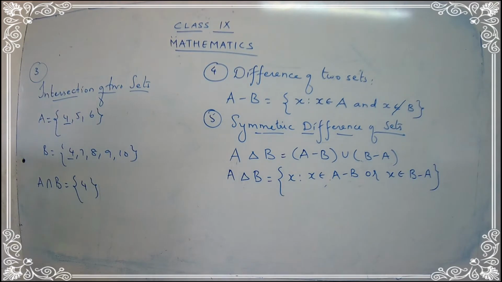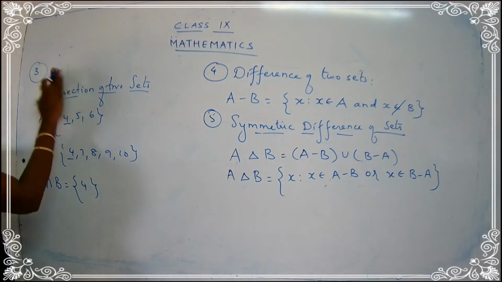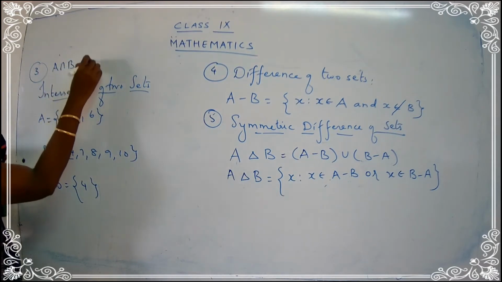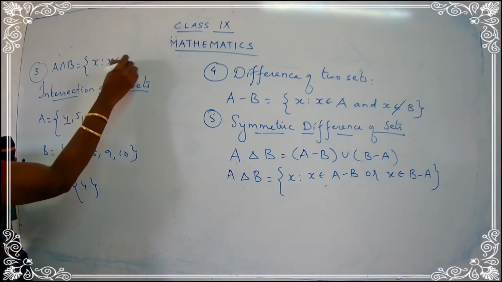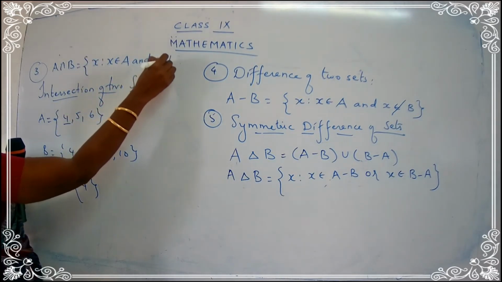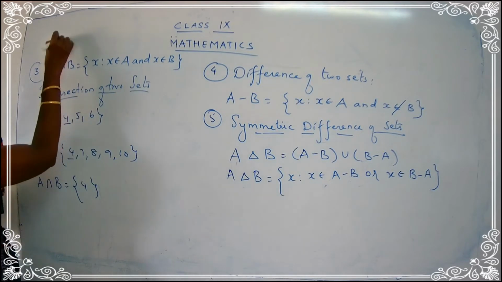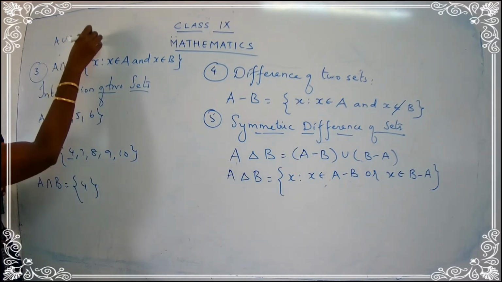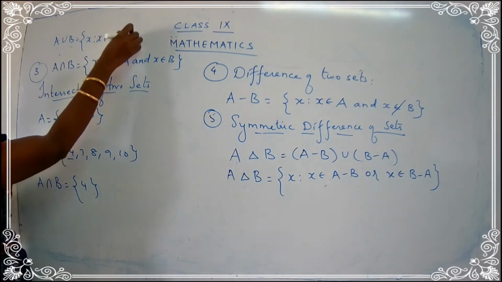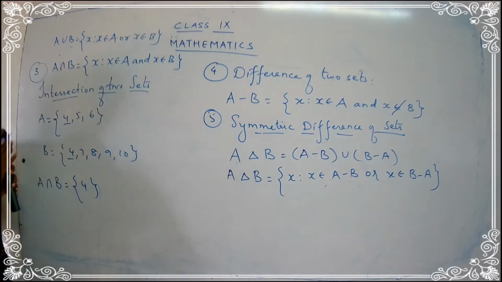Okay, we have written a rule for the intersection part, children. What was the rule? A intersection B is {X such that X belonging to A and X belonging to B}. And for union it was {X such that X belonging to A or X belonging to B}. Clear?